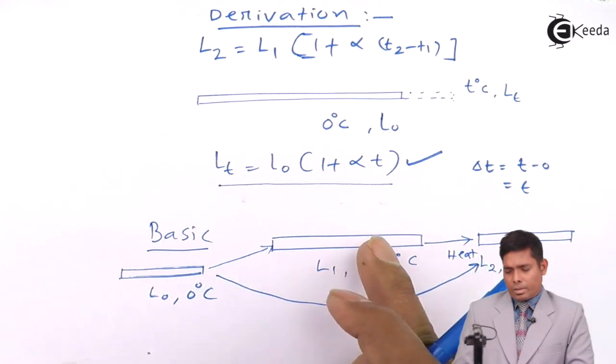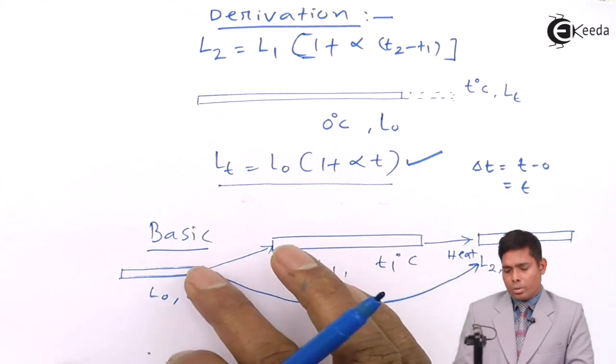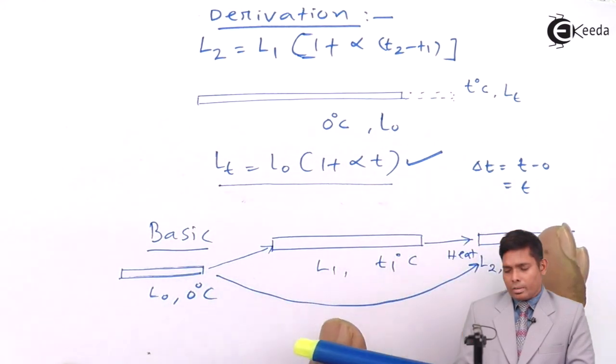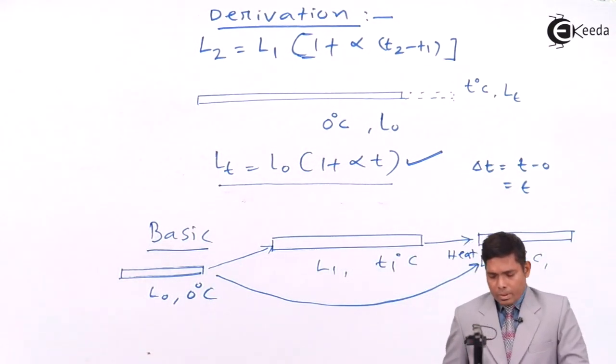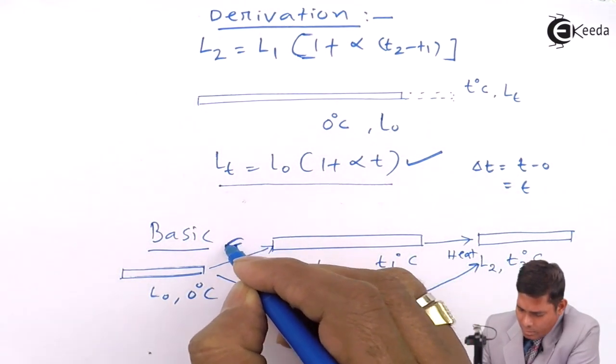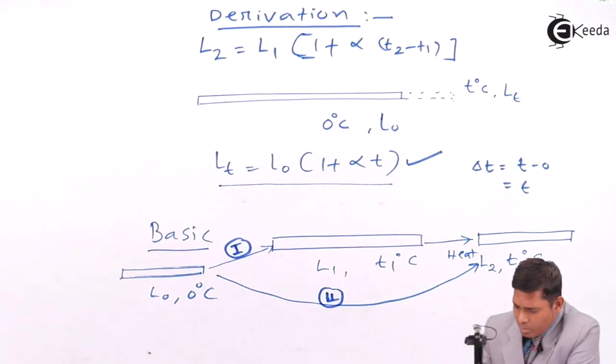Then it is the same as being heated from T1 to T2. Using this, we can find the length for this temperature change. So this is suppose 1 and this is suppose 2.